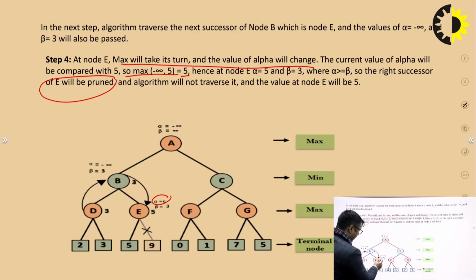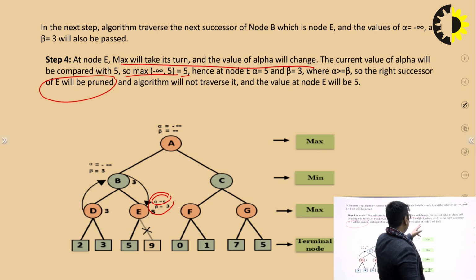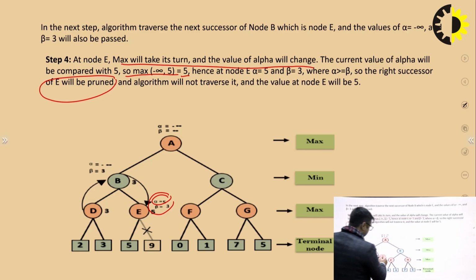Here the algorithm will not traverse it, and the value of node E will be 5. If this condition holds, the other nodes are not traversed. That means this node is pruned.